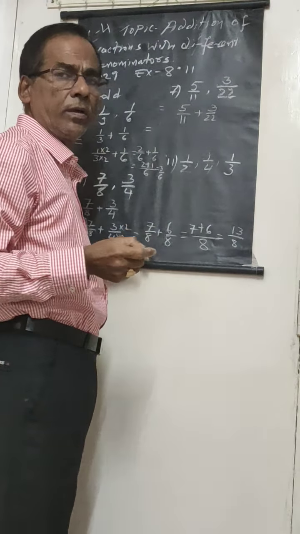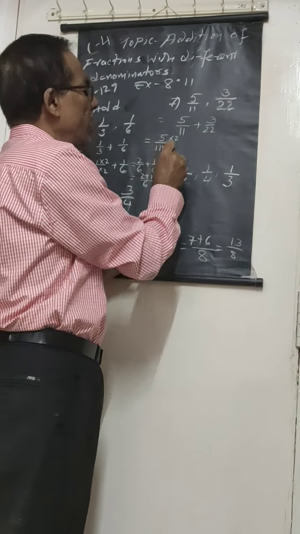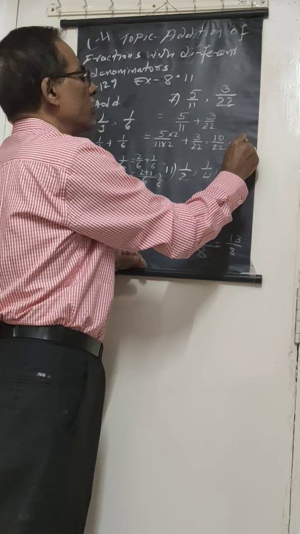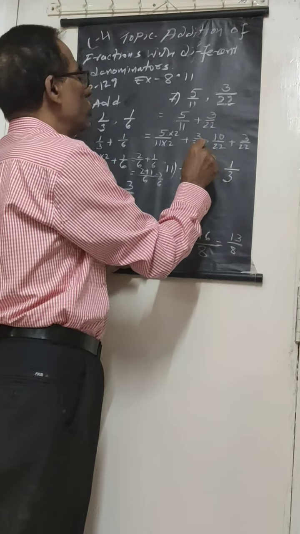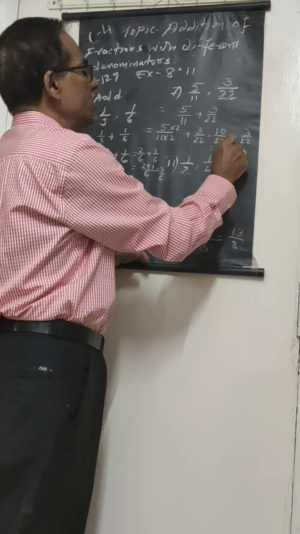Okay, so if we are multiplying here, we have to multiply the numerator also. So 5 twos are 10 by 22 plus 3 by 22. Okay, so 10 plus 3 is 13 by 22. Okay.